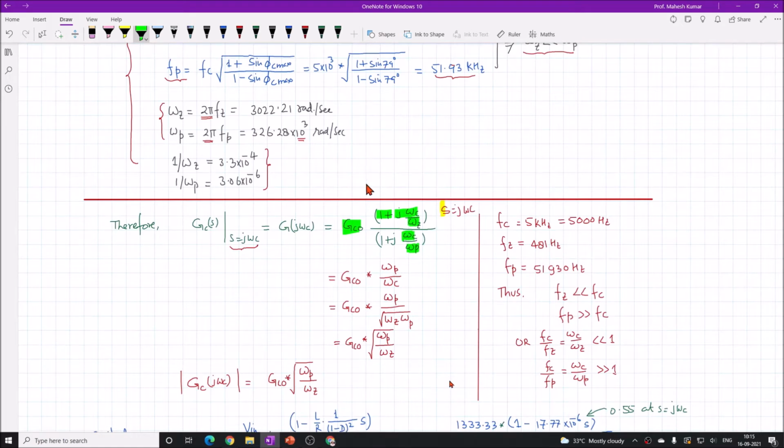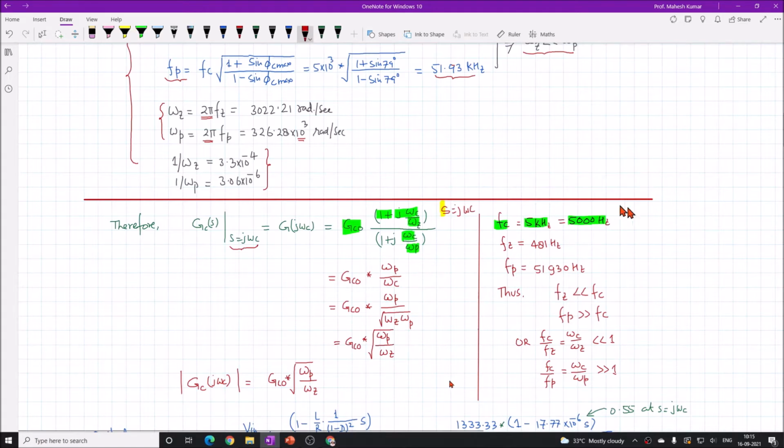Then we will see what is the nature of omega c. Omega c we have taken as 1 by 20th of the switching frequency, and we can say the Fc, or omega c, is from this value of Fc, that is 5 kHz.